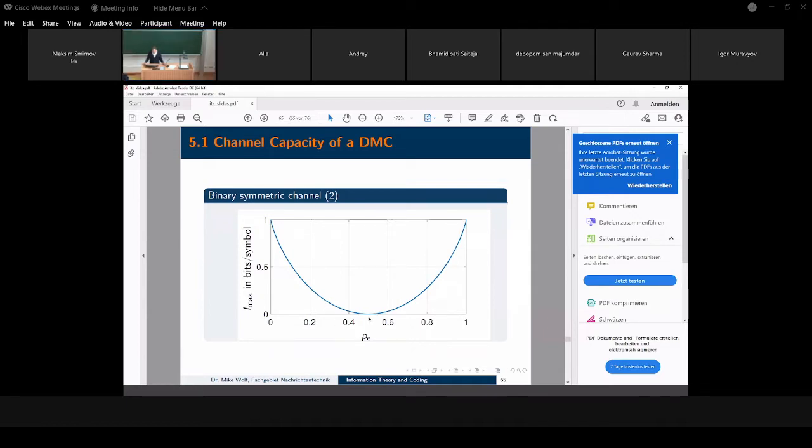For PE equal to 0.5. Of course, if the error probability would increase more and more and would approach 1, each transmitted 0 is received as a 1, each transmitted 1 is received as a 0, then again we have a channel capacity of 1 bit.